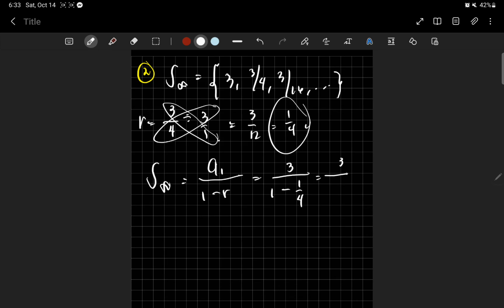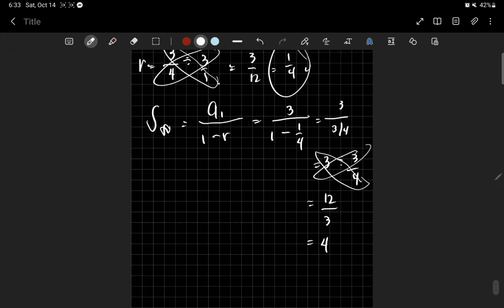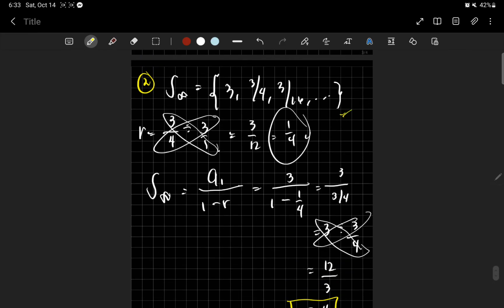So, that is 3 over 3/4. And 3 divided by 3/4, again, sulat natin siya as this one para di kayo maguluhan. So, 4 times 3 is 12, and 3 times 1 is 3. So, you have here 12 over 3. And 12 divided by 3, that is equal to 4. Therefore, the sum of this geometric series is equal to 4.